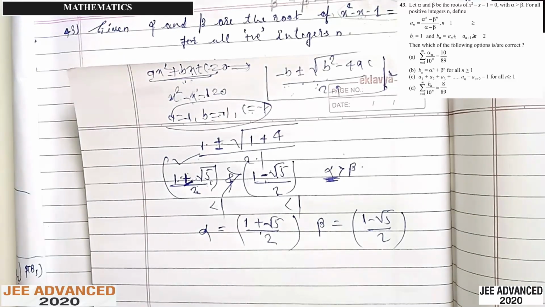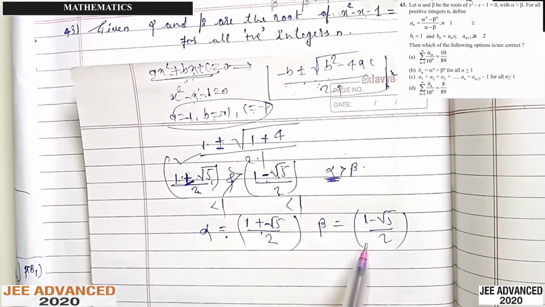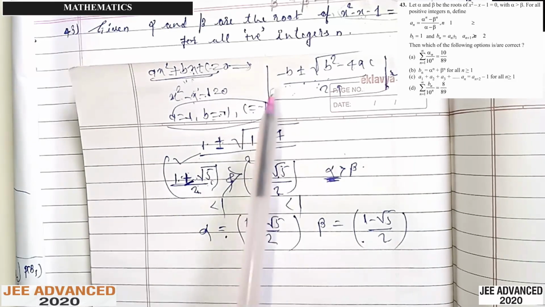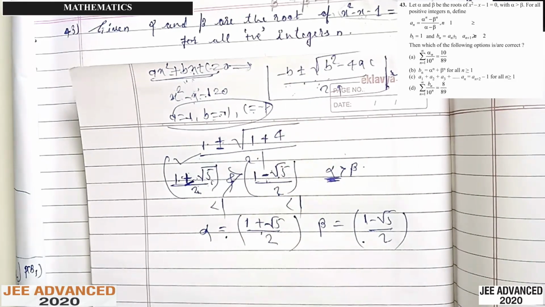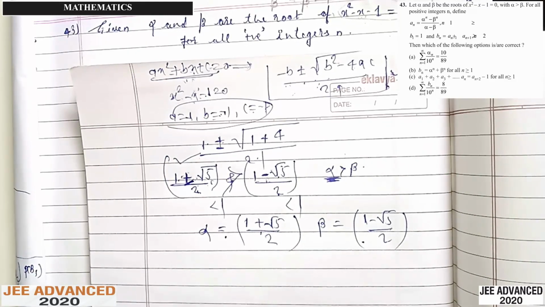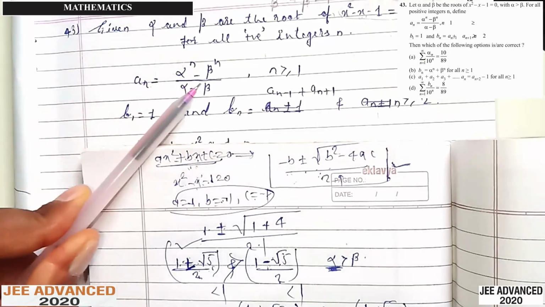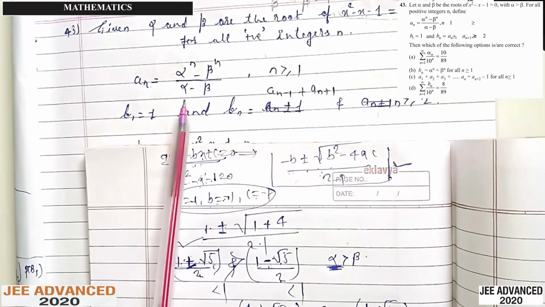So I got the value for alpha, I got the value for beta. Now for finding the values of a_n, we are given a_n equals alpha raised to n minus beta raised to n upon alpha minus beta.